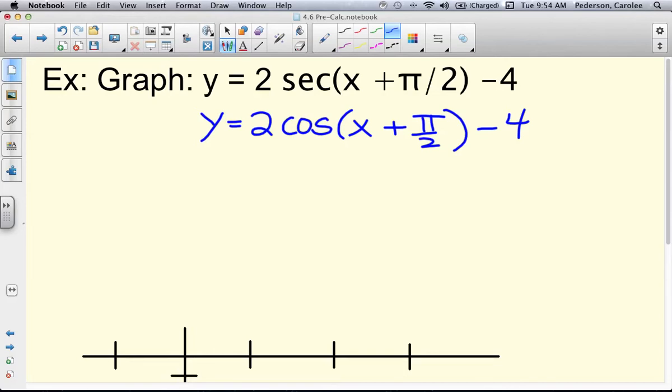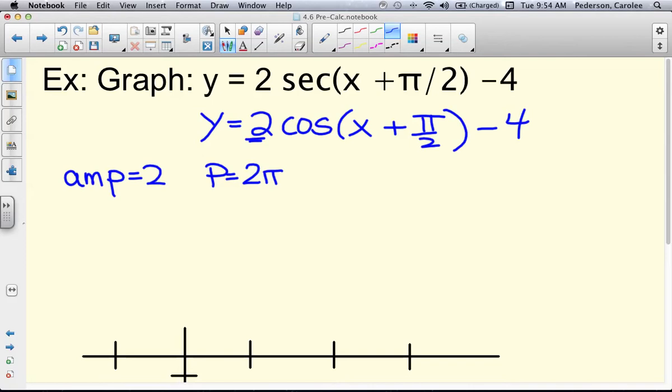So let's identify the pieces. What is the amplitude? 2. That's my A value. What's my B value? What's the value of B in that equation? 1. So that helps me to find my period. 2 pi over 1, which is 2 pi.